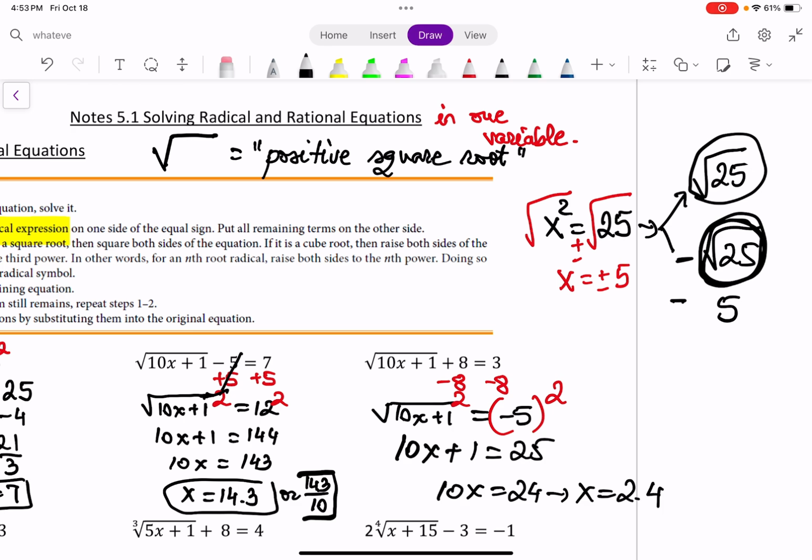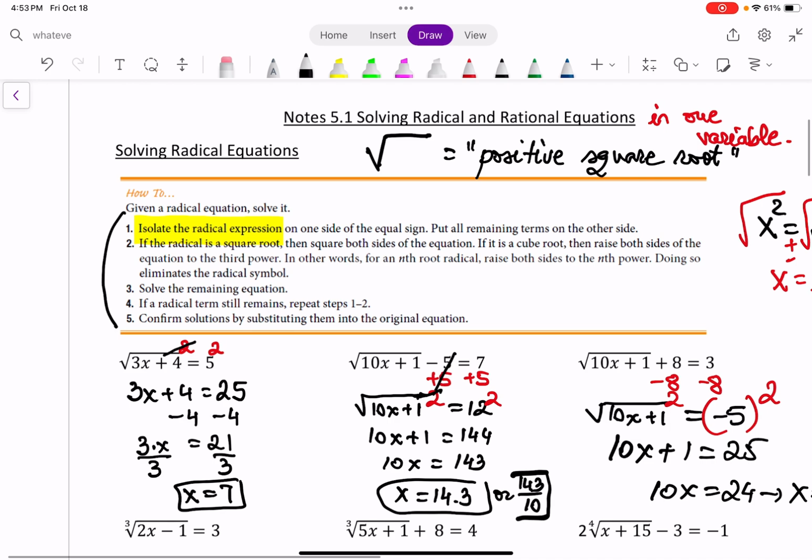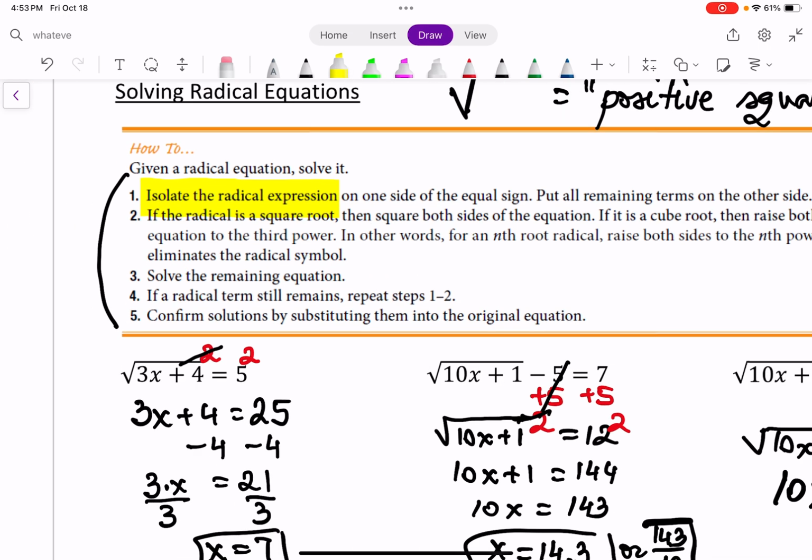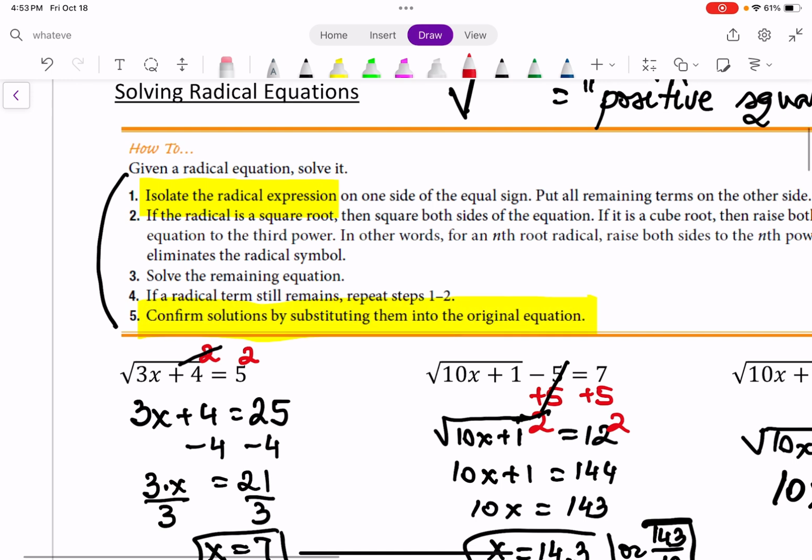However, one other big part which we haven't actually done because I knew we had the correct answers: one big part of solving radical equations is to confirm the solutions by substituting back into the original equation. In other words, check your answer.